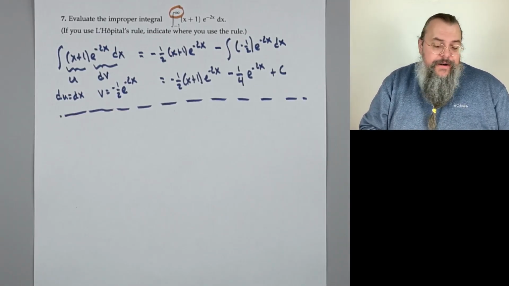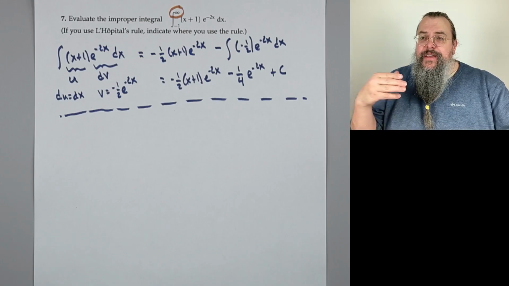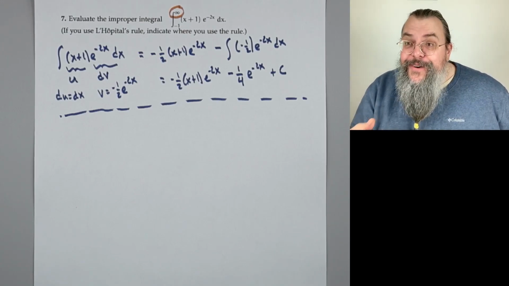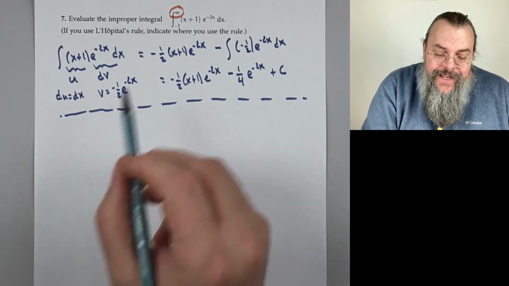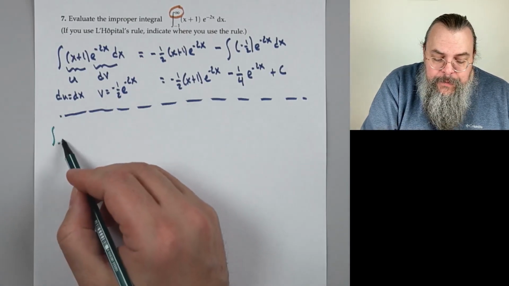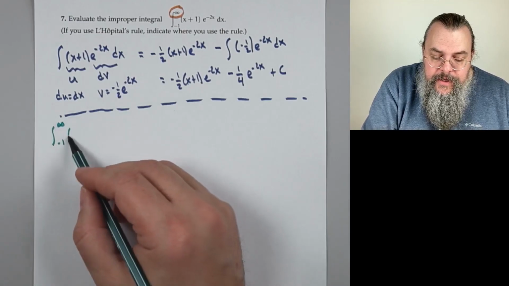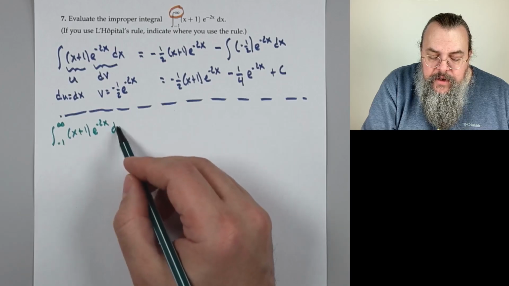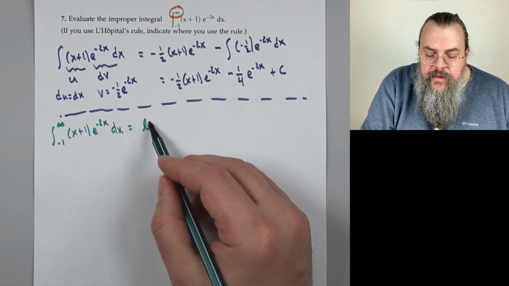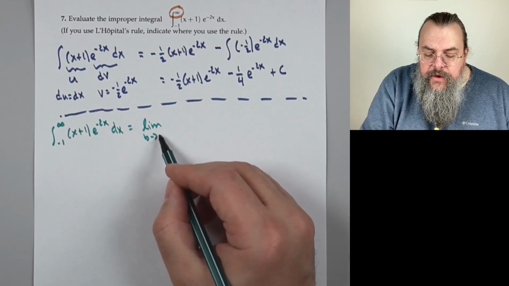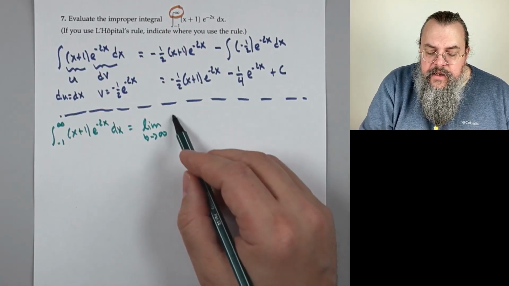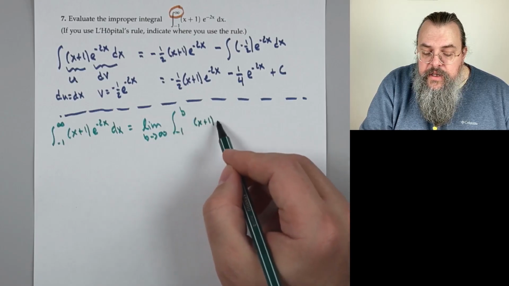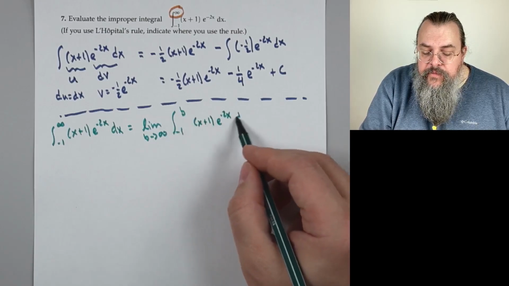So back to our problem. This was the indefinite integral, but this is a definite integral because we have bounds. If we were being very careful and not going to miss any points, we'd say technically this is the limit as b approaches infinity of the integral from -1 to b of (x plus 1) e to the minus 2x dx.